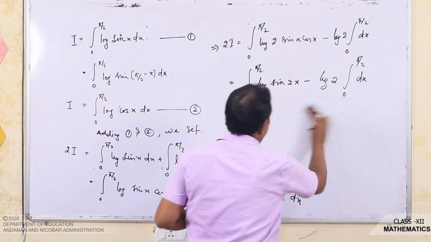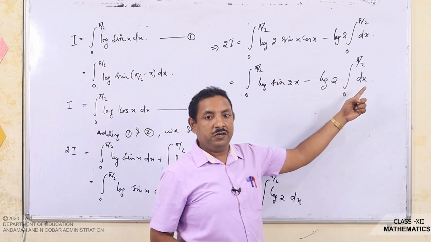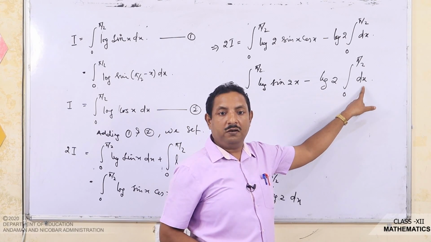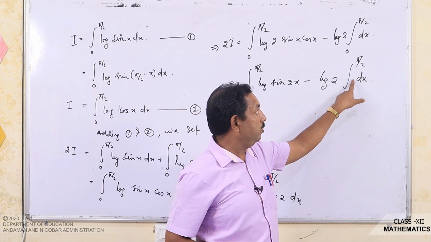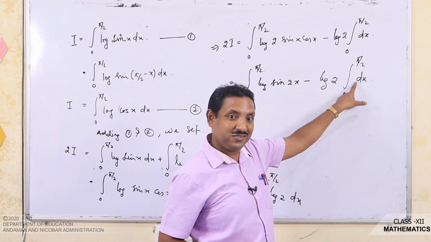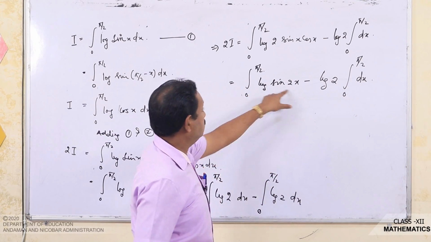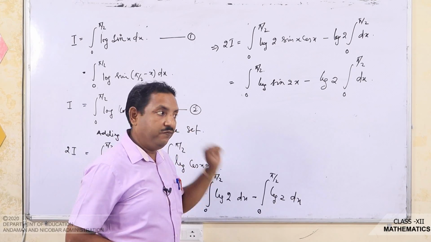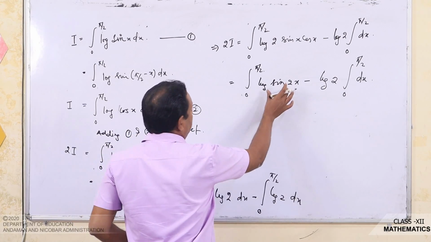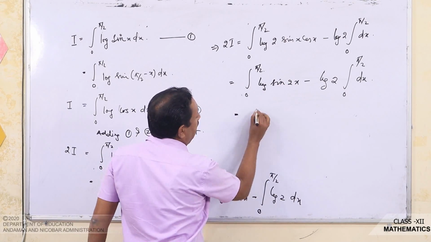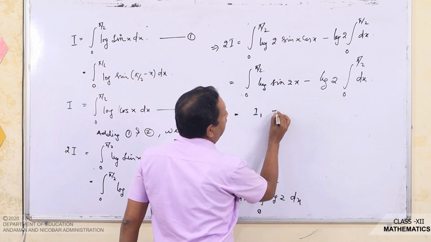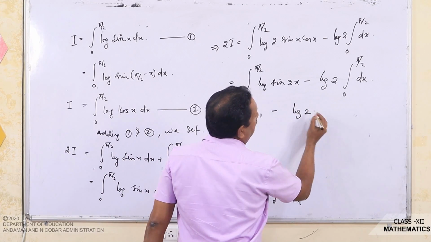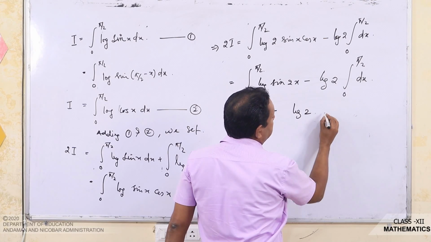Now look here, this integration is a simple one. You will only get the integration of dx, that means x. But this one we have to simplify. So let us assume this as I1. So this is I1 minus log 2, and this integration is x.